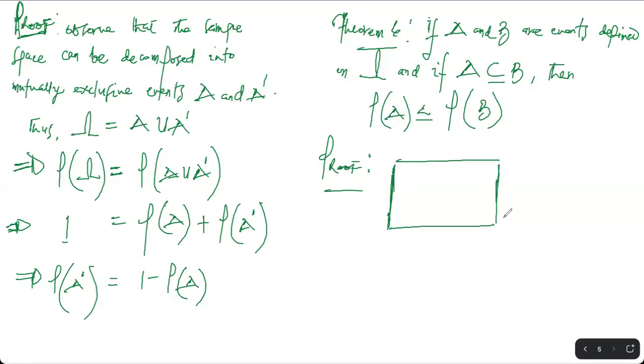So you have this case where you have your B and then you have your A. But of course, A can be equal to B, right? But we just want to visualize it well. And of course, this is your sample space.